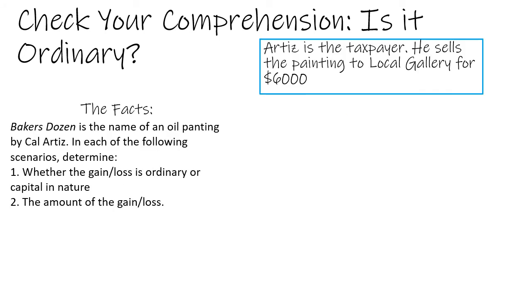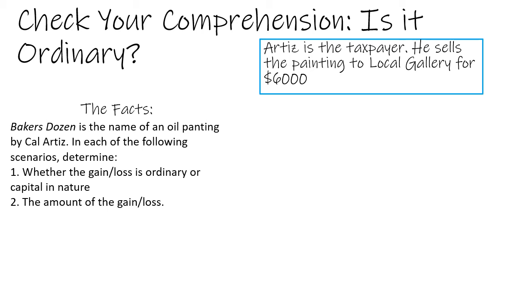So let's look at another case. Baker's Dozen is the name of an oil painting by Cal Ortiz. Let's determine whether the gain on the property is ordinary or capital in nature, and if so, what the amount of the gain or loss reported would be.